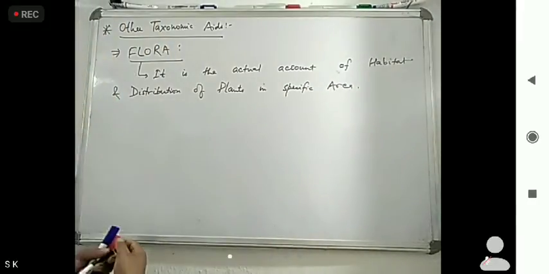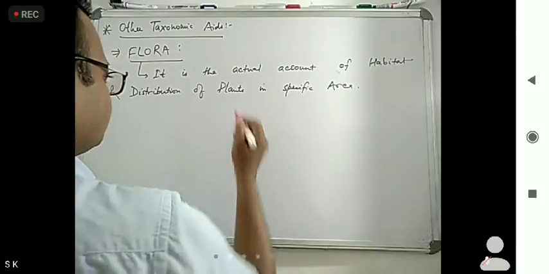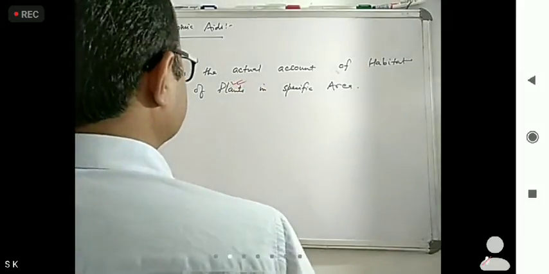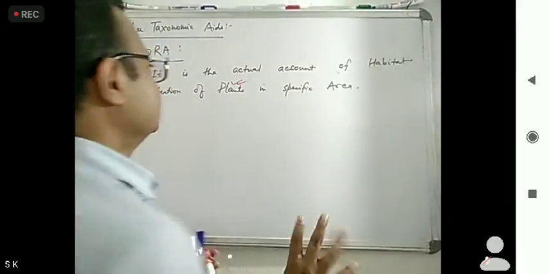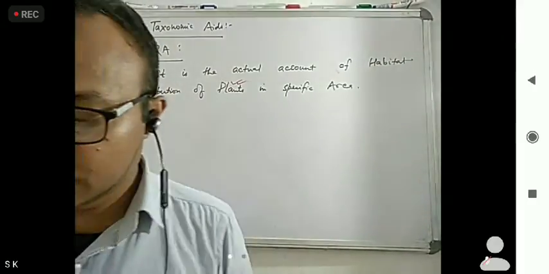Okay, so that is known as what? Here you have to understand, it is for what? Plants in a specific area. So this is known as flora.